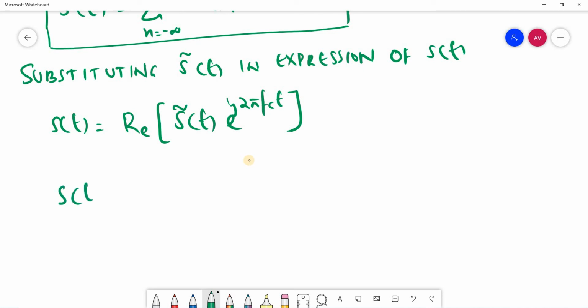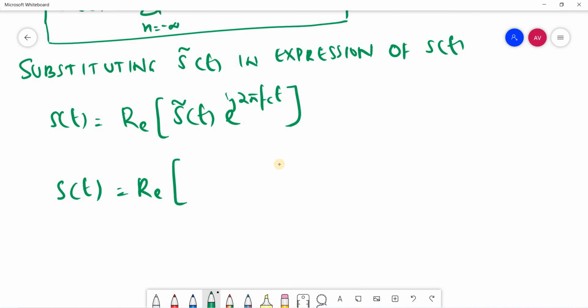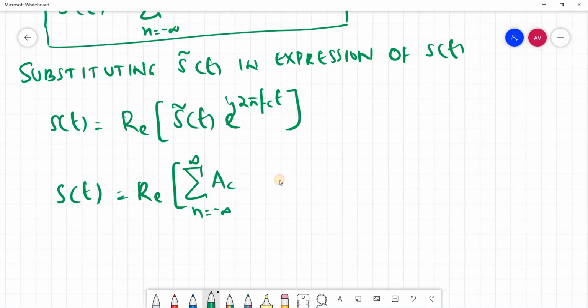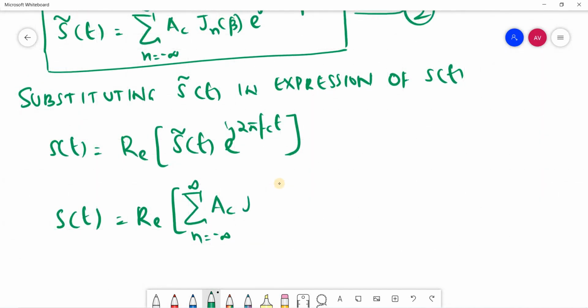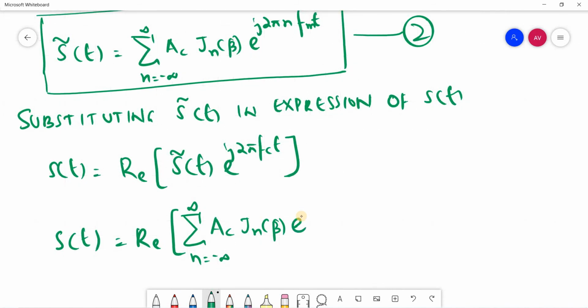So I'll just write s of t is equal to real part of, now s tilde of t, we just found out, is nothing but summation n from minus infinity to infinity, ac times jn beta times e power j 2 pi n fm t.